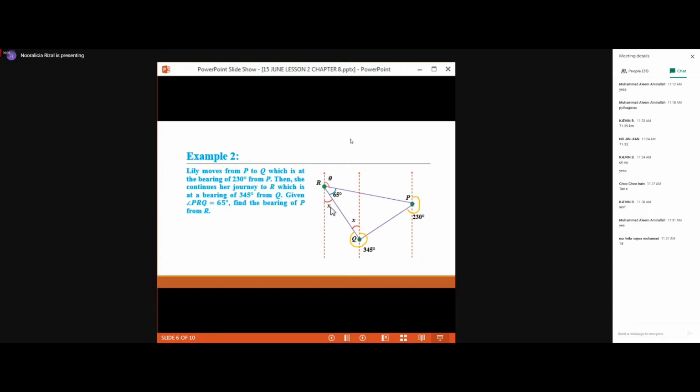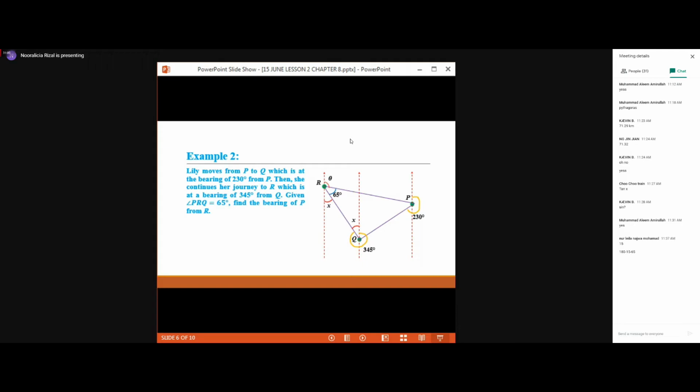So now, how to find the bearing? Look. We found this 15. We found it is 65. So how do we get your theta here or the bearing of P from R? Anyone? What concept can we use? Okay, again, Laila, thank you very much.